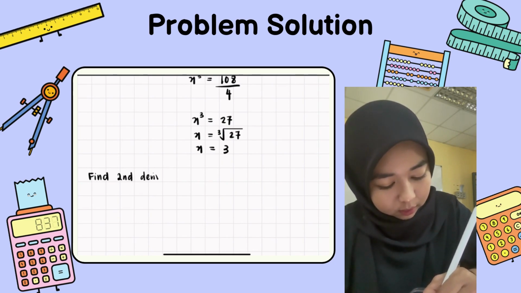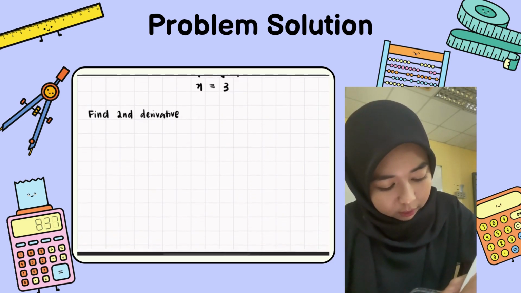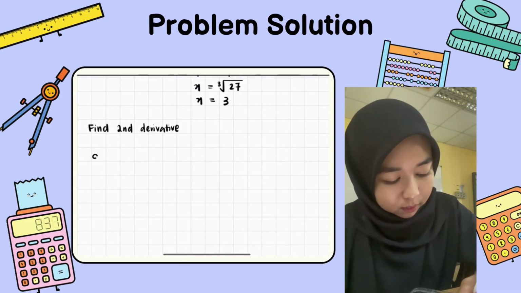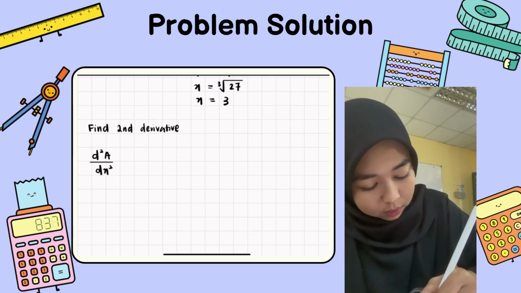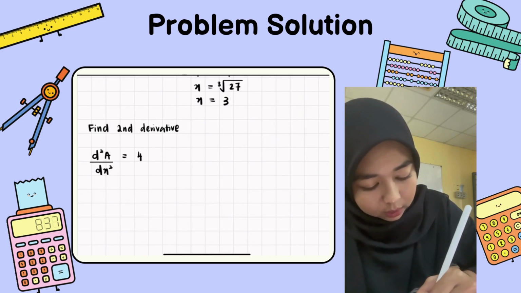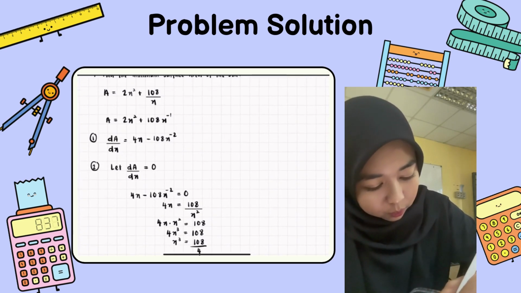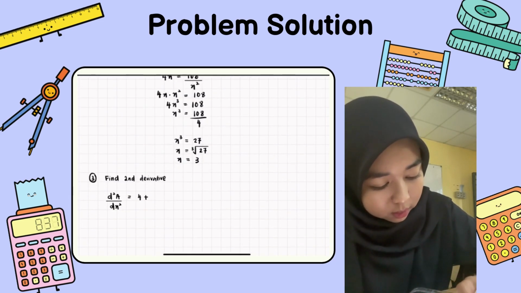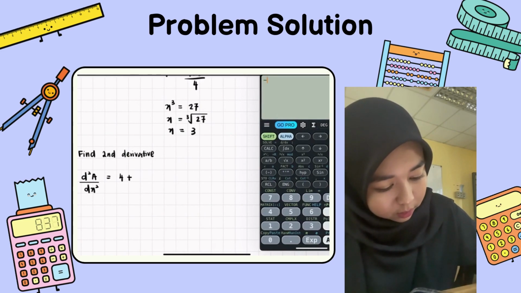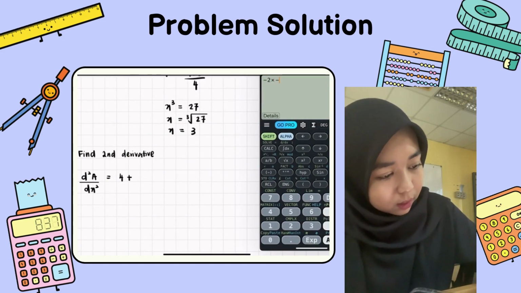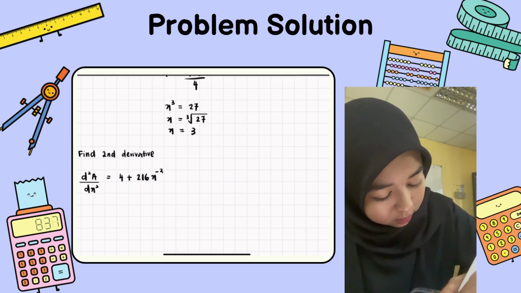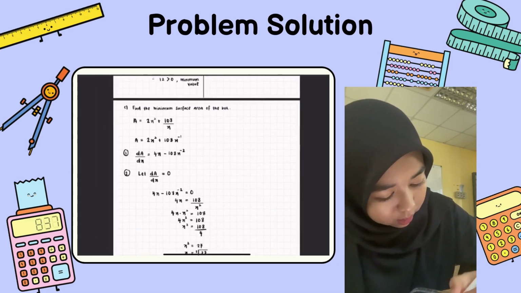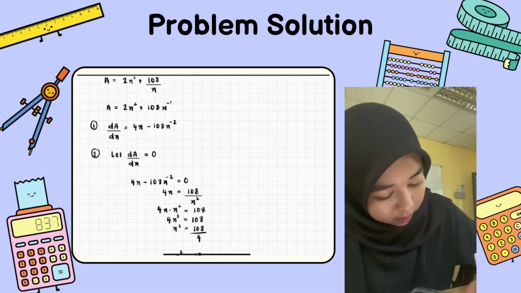So d2A over dx squared equals 4 plus 216 x to the power of negative 3, from negative 2 multiplied by negative 2 multiplied by negative 108. How do we get this?